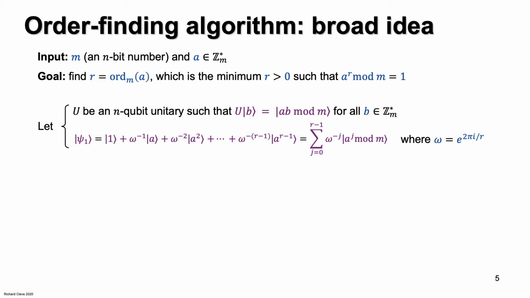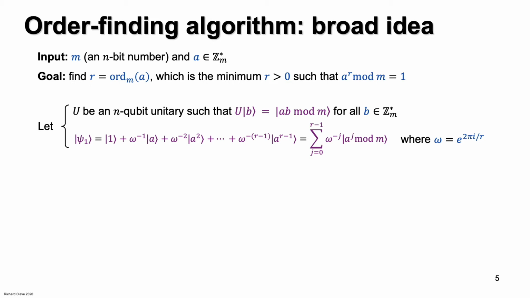Consider the state psi 1 defined as a uniform superposition of the powers of a from a to the power 0 up to a to the power r minus 1, with respective phases being the negative powers of omega, where omega is a primitive rth root of unity.